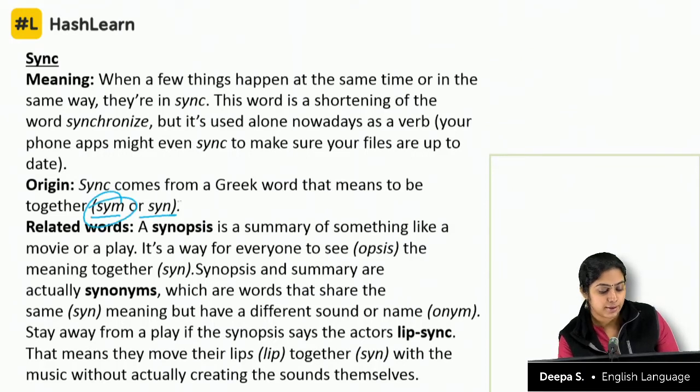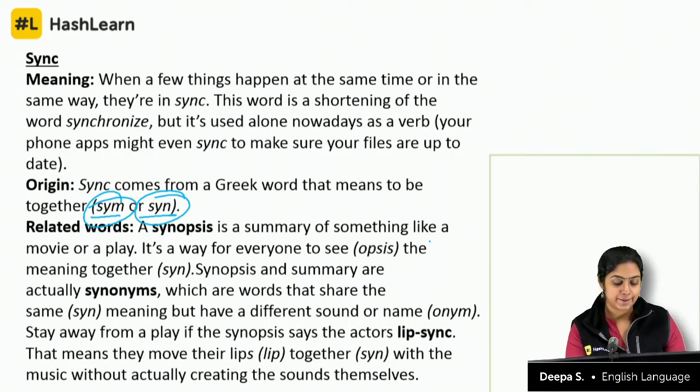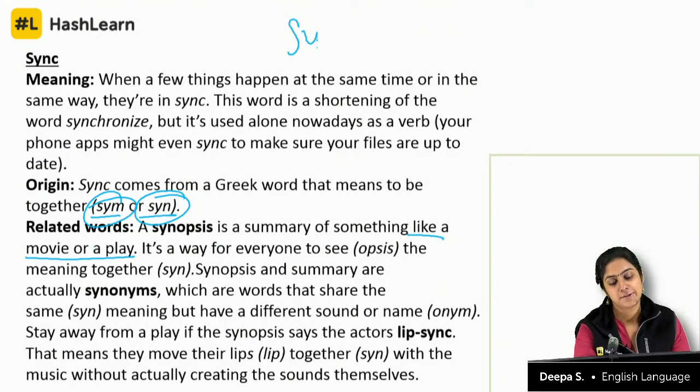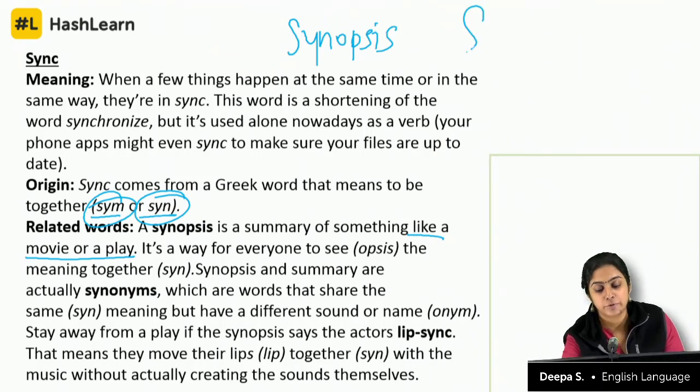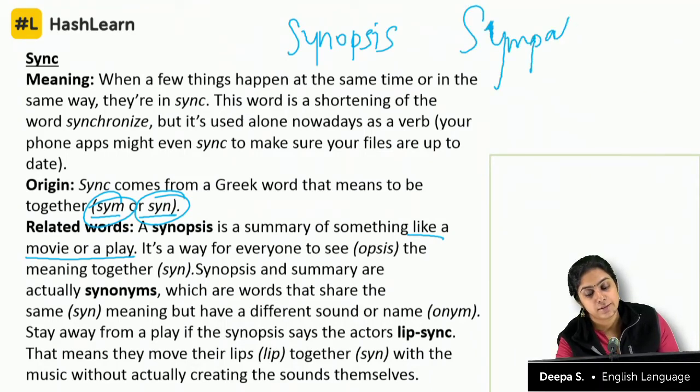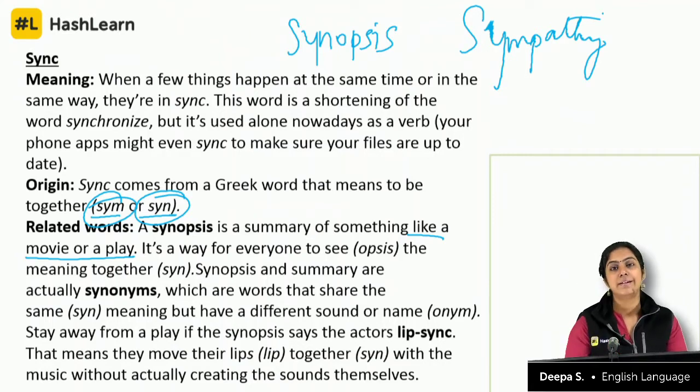Sim, okay, and syn, those are the root words here along with chron. Okay. Now a synopsis is a summary of something like a movie or a play. That is synopsis.